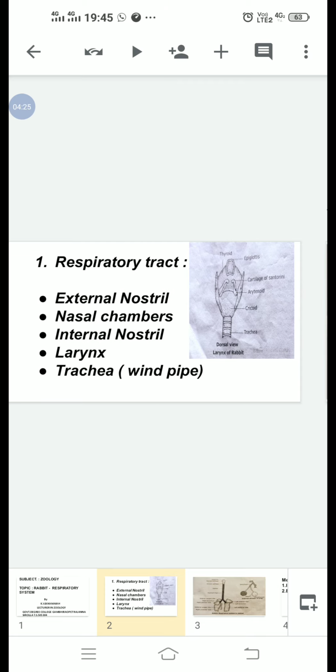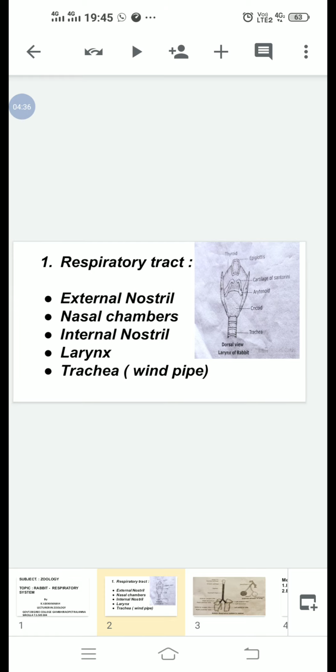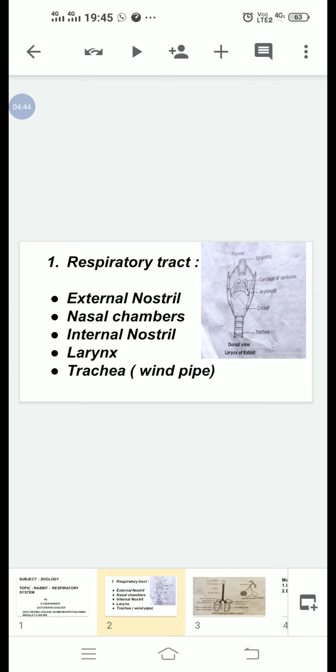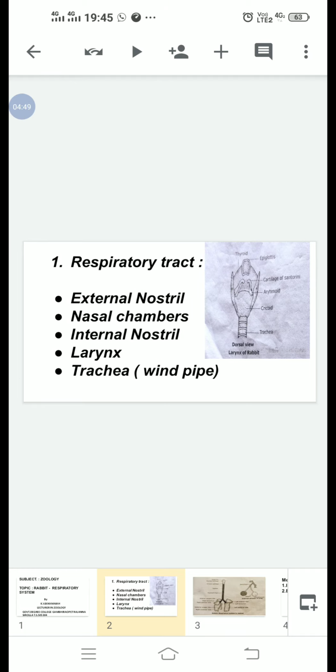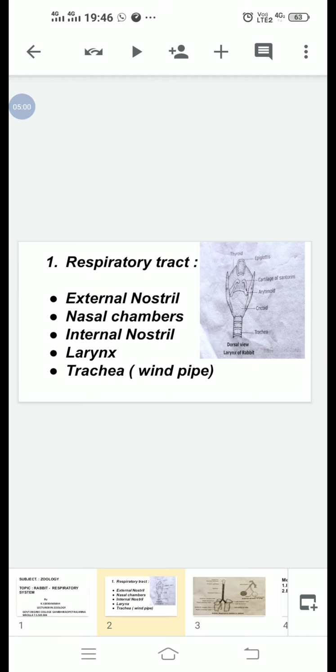Three, the nasal chamber functions as a sieve to filter the dust particles of the air. These are the three functions of the nasal chamber.